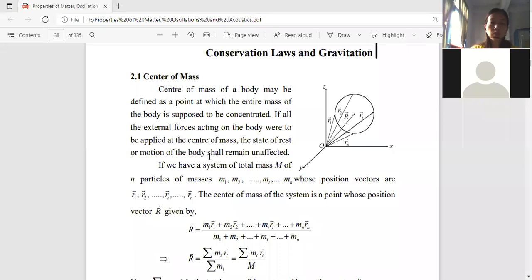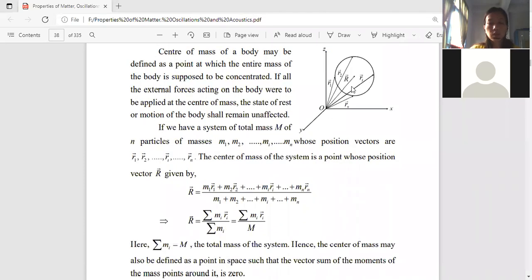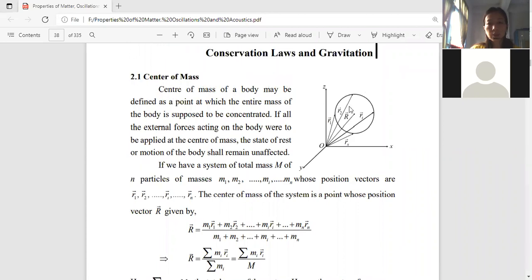Center of mass. If you can see this diagram as shown here, it is circular in shape. We have three dimensions, that is x, y, and z. This figure is for two dimensions. Here I have a diagram, a picture and a table.